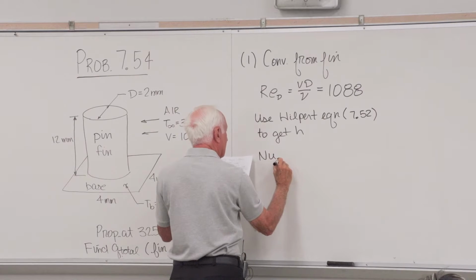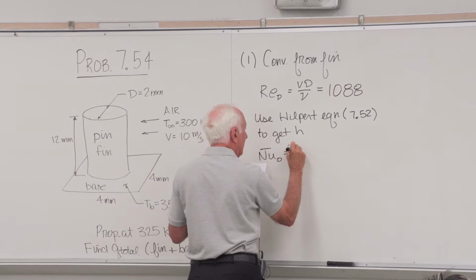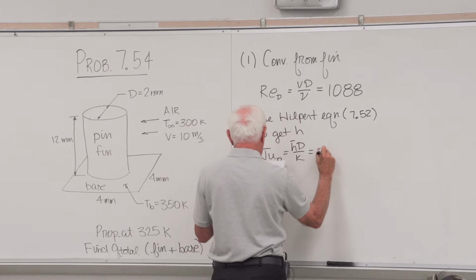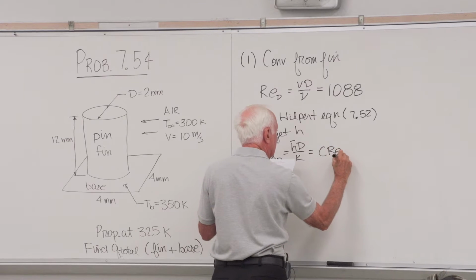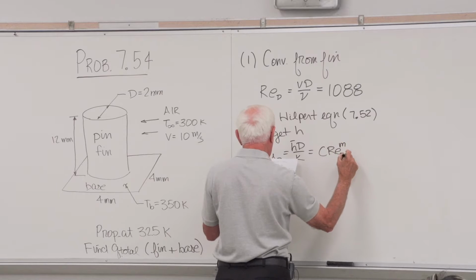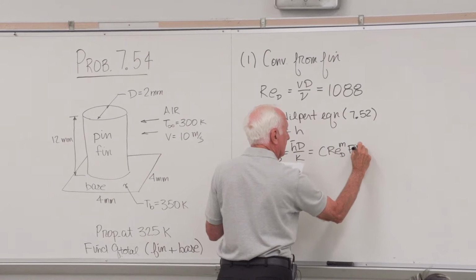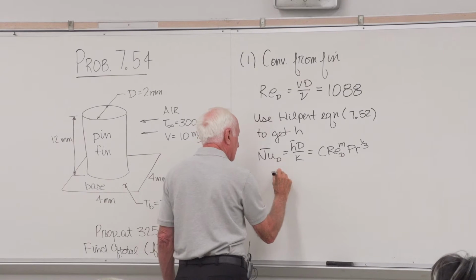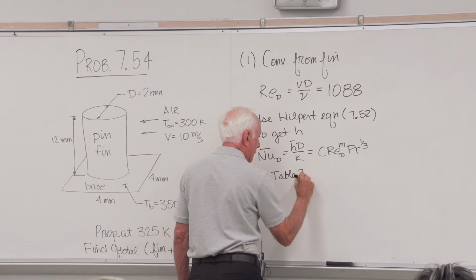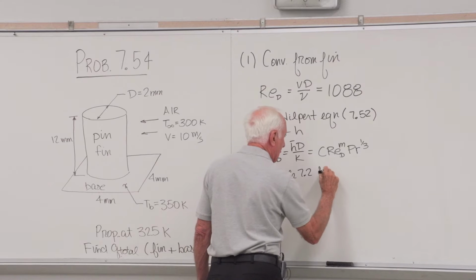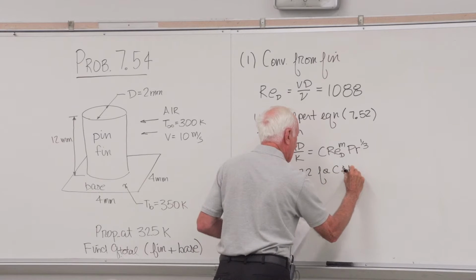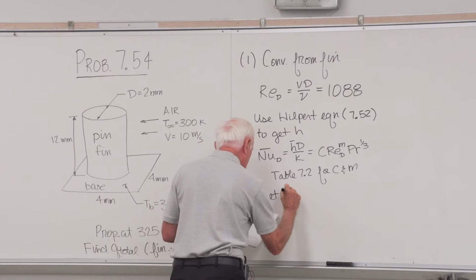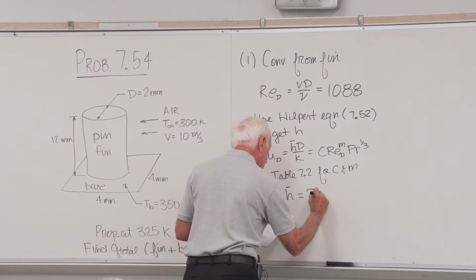Nusselt based on diameter, hD over k, equals C Reynolds D to the m, Prandtl to the 1/3. C and m from table 7.2. And we get h bar equal 221.